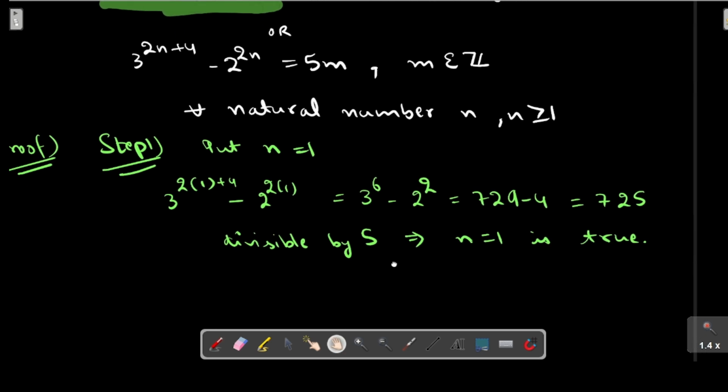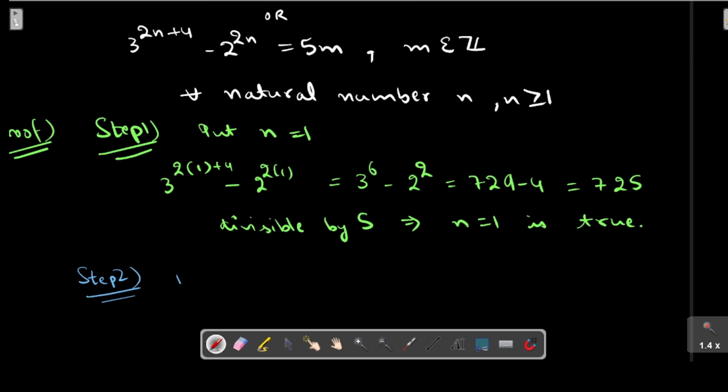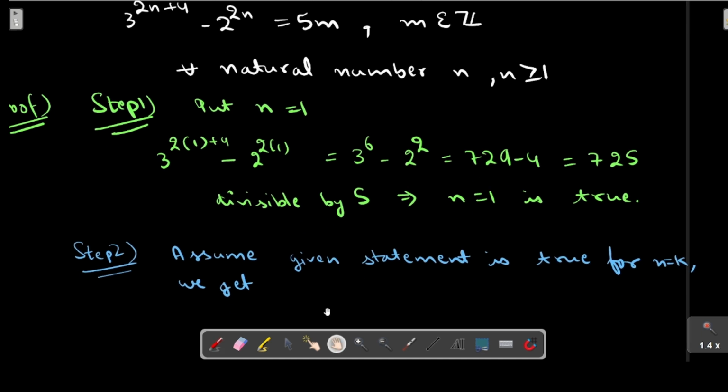Now step 2. Assume the given statement is true for n is equal to k. It's 3 to the power of 2k plus 4 minus 2 to the power of 2k is equal to 5m dash, where m dash belongs to integers.